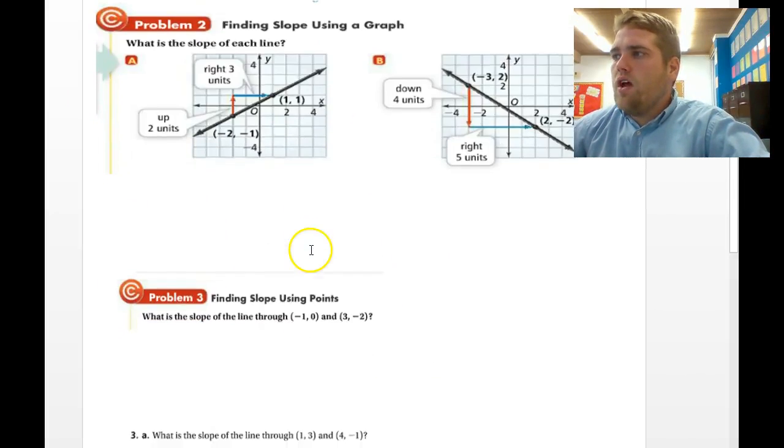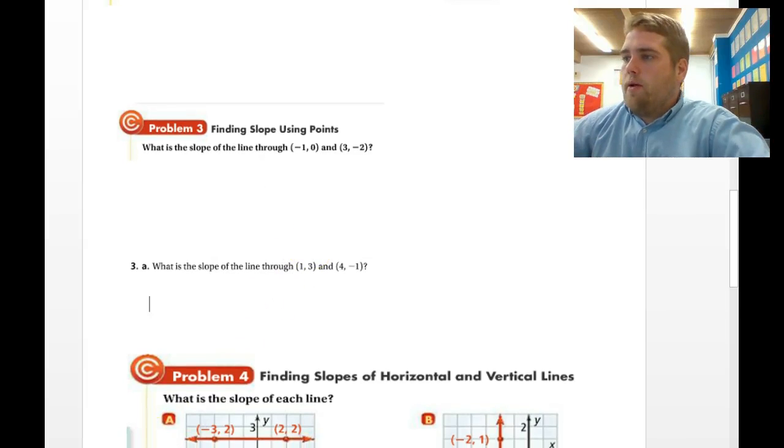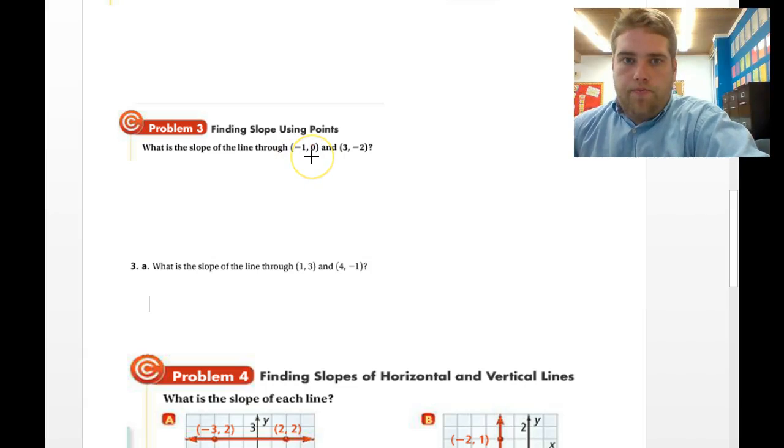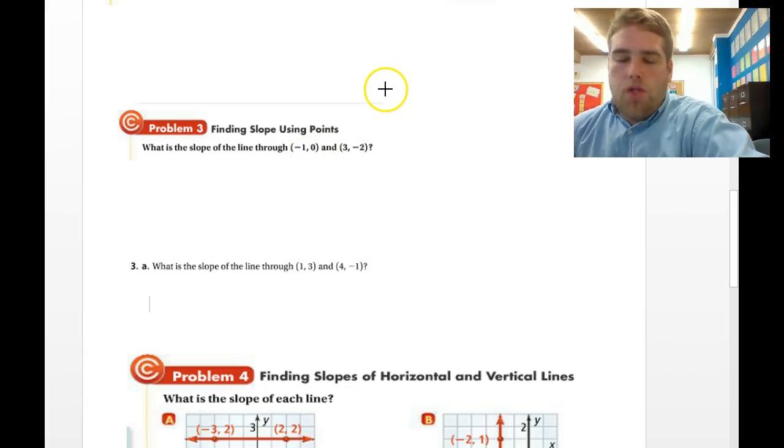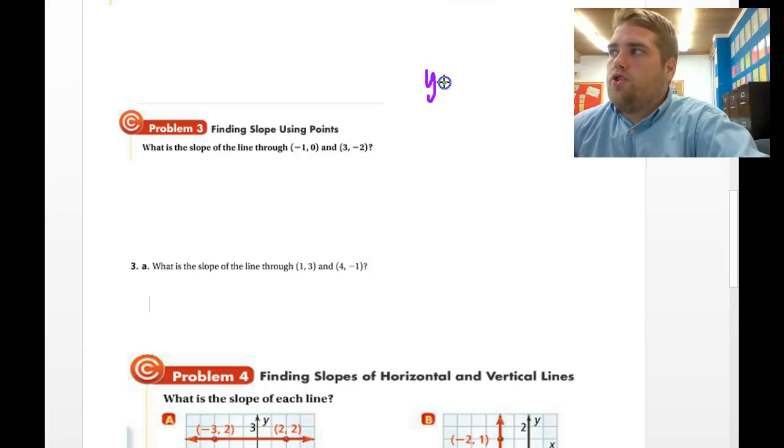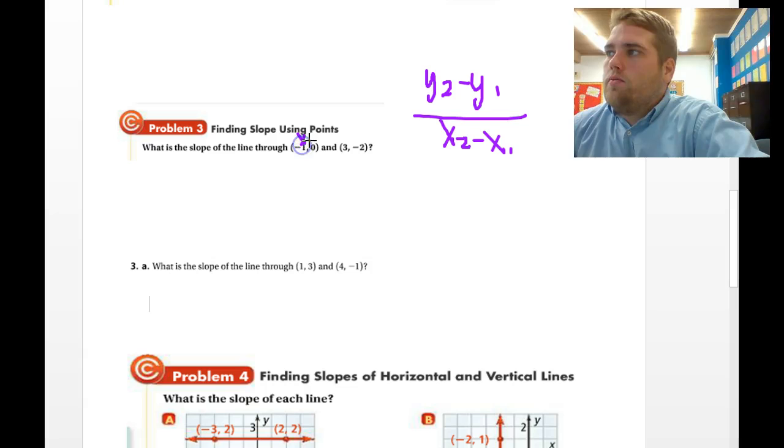Okay. Finally, problem 3. Look, we're almost done for today. So once again, what is the slope through the line of this? Okay, this is where your formula comes in handy. Because there's not a picture, we can't really count it. So remember, our formula is y2 minus y1 over x2 minus x1. Okay, so we have x1, y1, x2, y2.